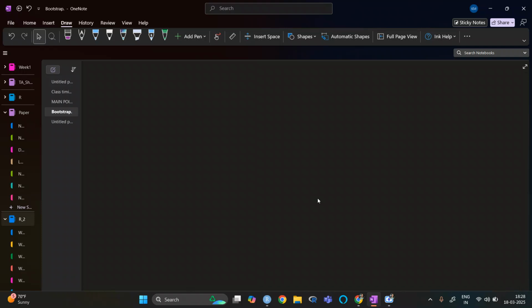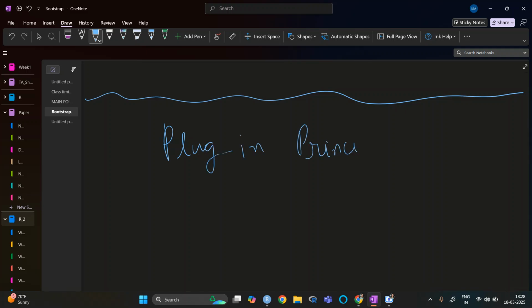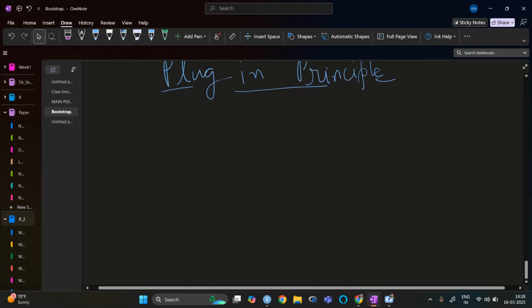Okay. The next one is the plugin principle. The plugin principle is a simple method. What we do is estimate the parameter based on the empirical distribution function of whatever we have discussed here.